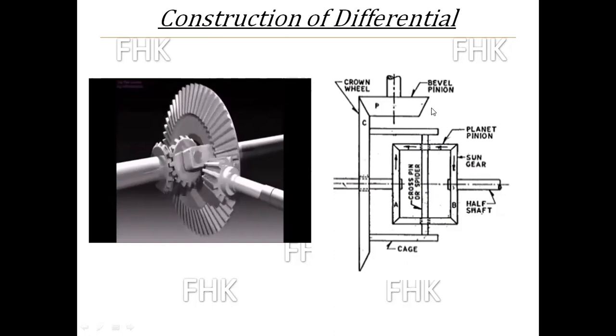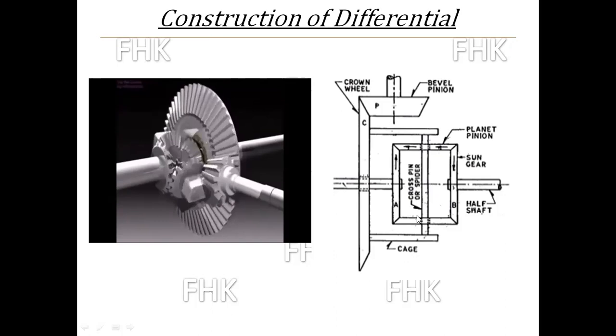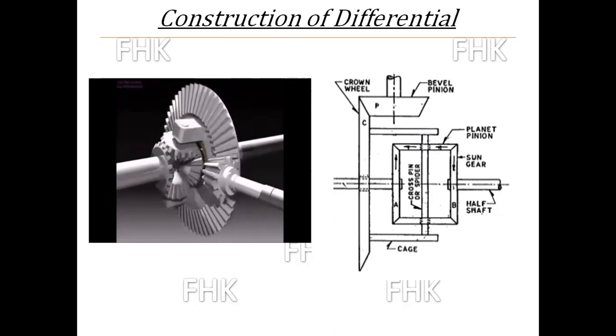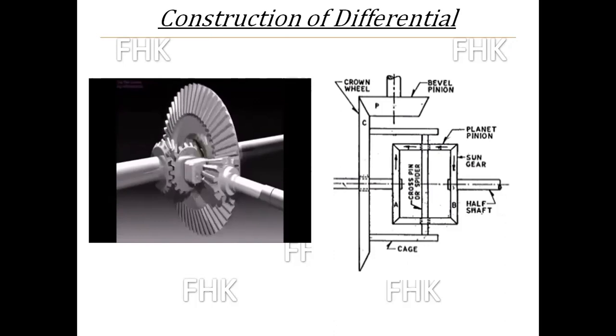So this is the constructional detail of the differential unit that you have to clearly understand for understanding the working of the differential unit, while the vehicle is moving on a straight road or running on a curved surface.